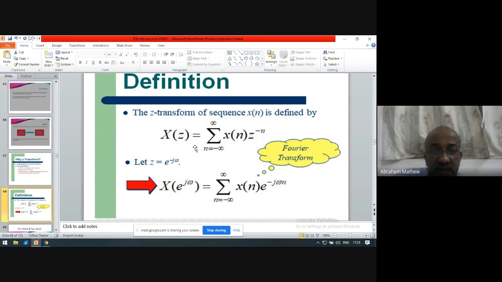X of z is equal to sigma n is equal to minus infinity to infinity x of n z power minus n. This is the definition or mathematical representation of a Z transform.